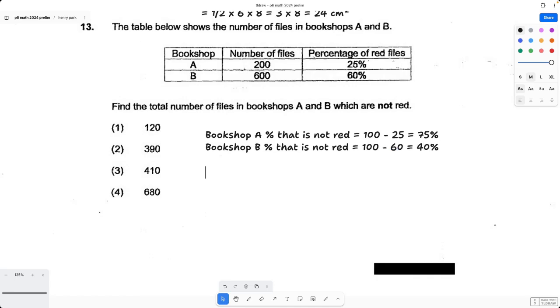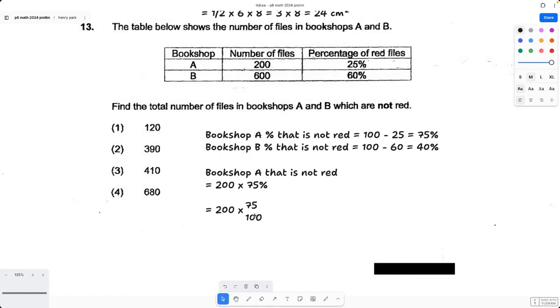Right. So now let's calculate bookshop A that is not read. It's equal to 75% of 200, which is equal to 200 times a fraction, right? 75 out of 100.